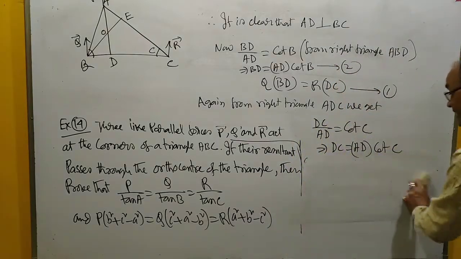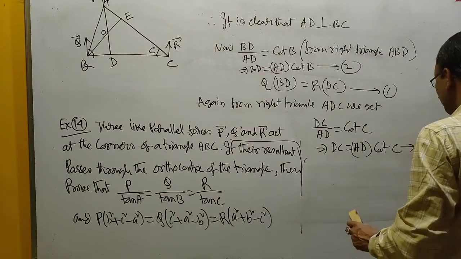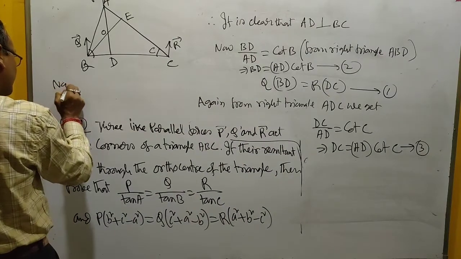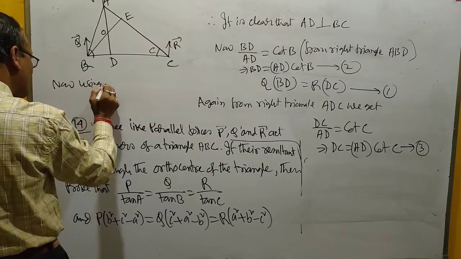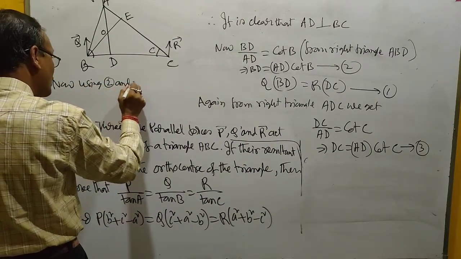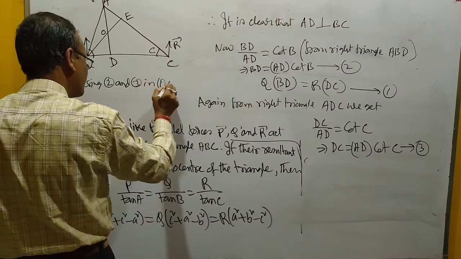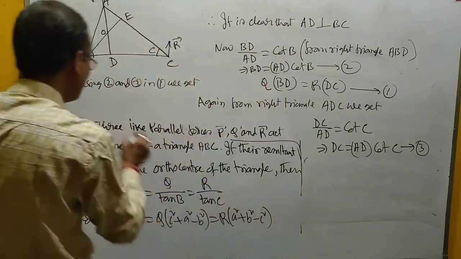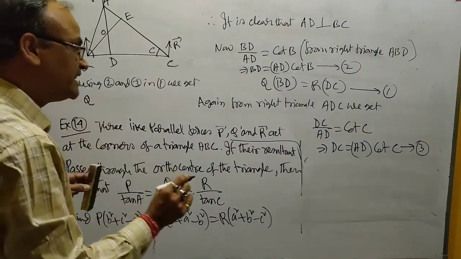Now, using 2 and 3 in 1 we get Q into, what is BD?